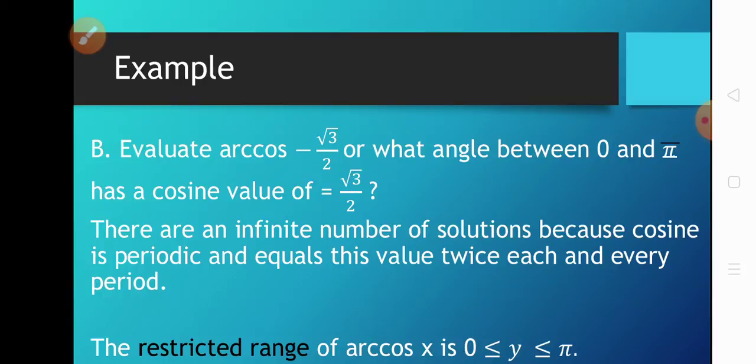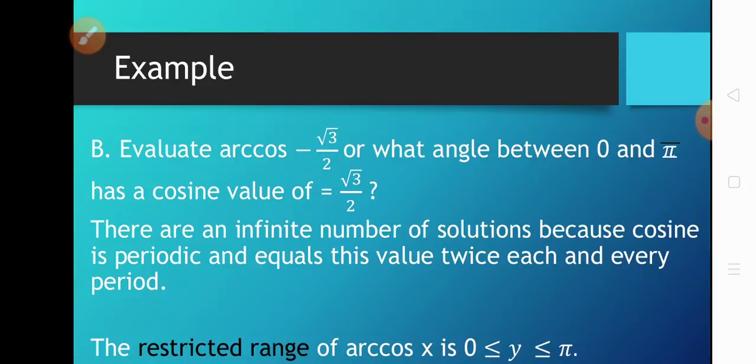Example, evaluate arccos of negative square root of 3 over 2. Or, what angle between 0 and pi has a cosine value equal to negative square root of 3 over 2? There are an infinite number of solutions because cosine is periodic and equals this value twice in every period.